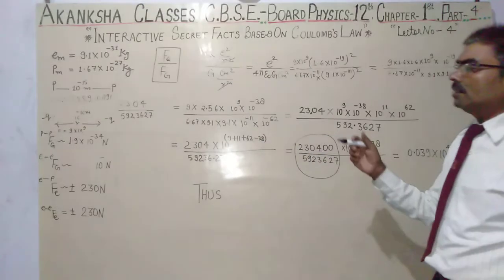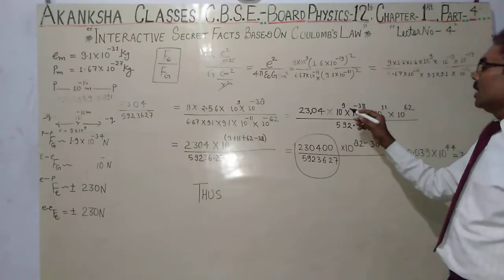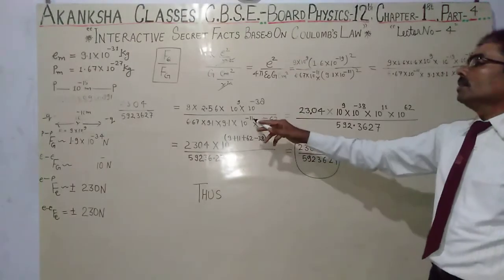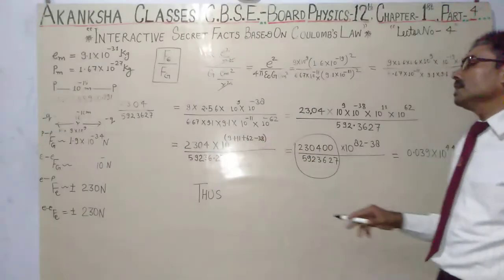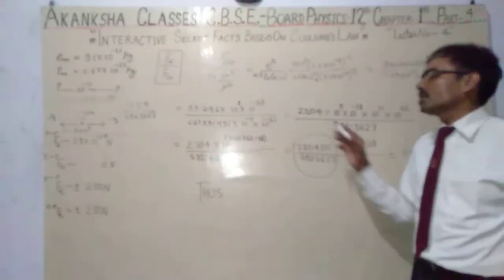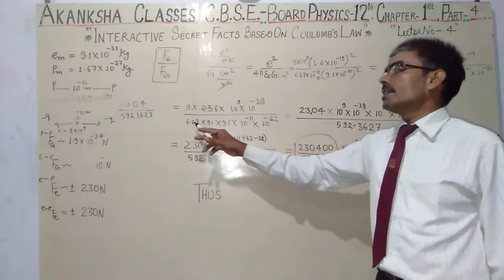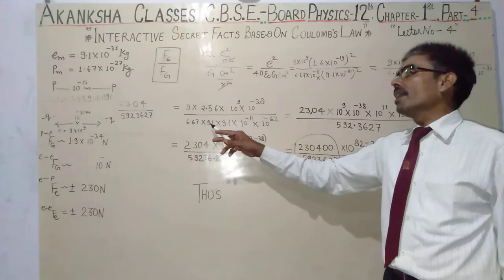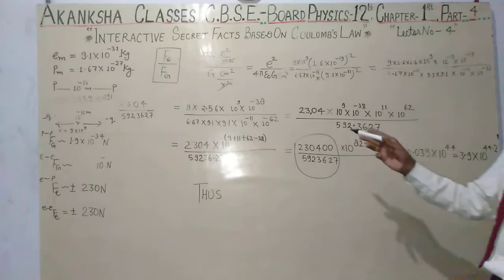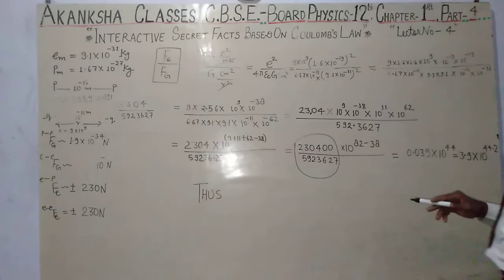Multiplying the exponents, we get 10 power 9 into 10 power 38 and 10 power 11, that is the reciprocal of 10 power minus 62, upon the product of all three numbers, 6.67 multiplied by 9.1 multiplied by 9.1, which becomes 592.3627.